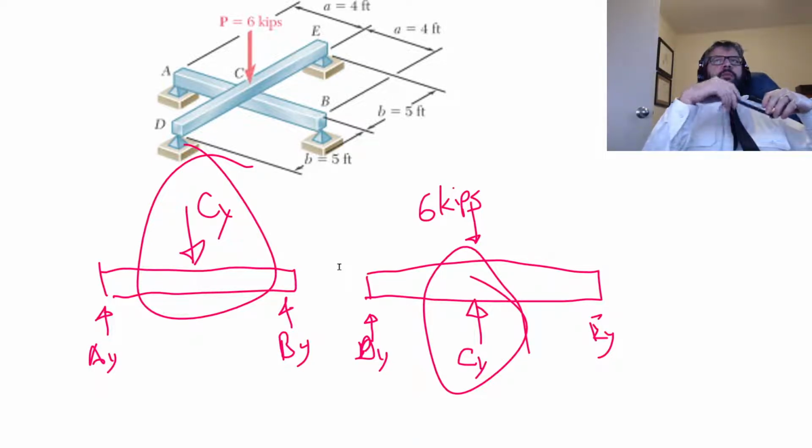So it's the relative stiffness of the two beams that is in part going to determine how much of that 6 kips makes its way through CDE to get to AB, or ACB, I guess.